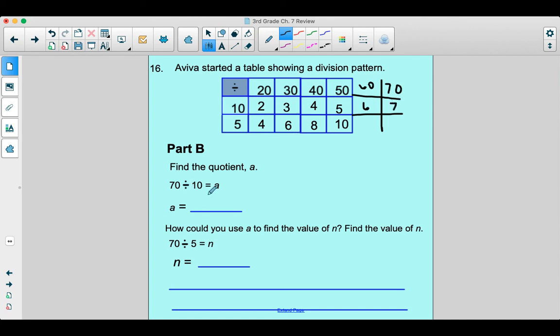So we can extend our patterns. How could you use A to find the value of N? Okay, so they're saying, like, if you know this one right here, how can it help you find this one right here? Because they're saying now they want 70 divided by 5, and that's going to be the missing number right there.